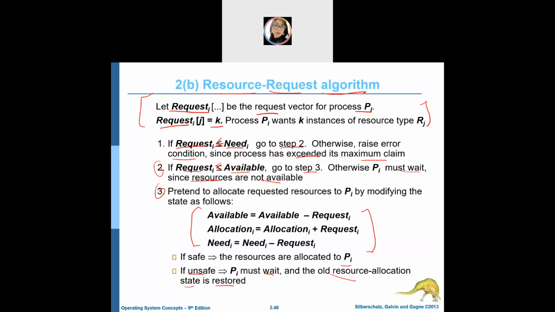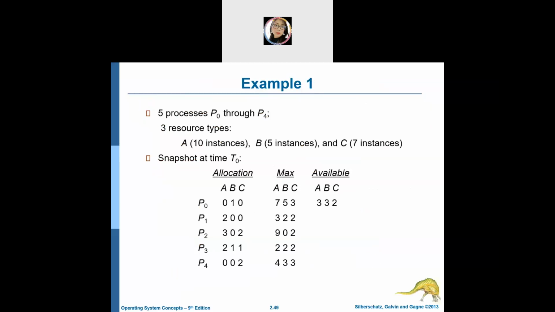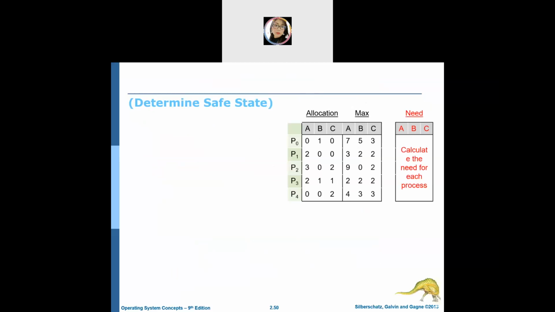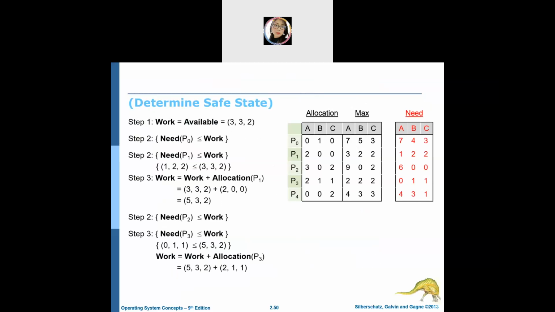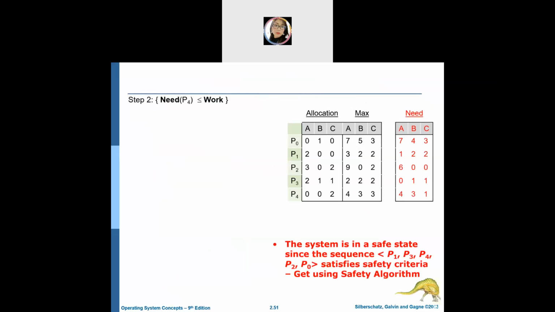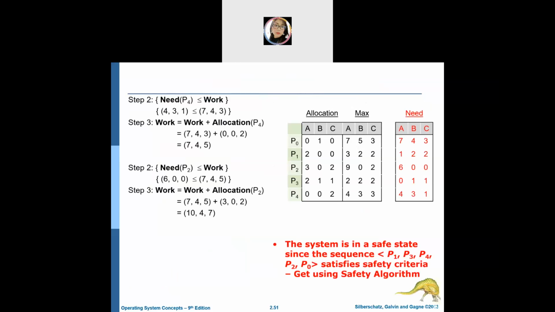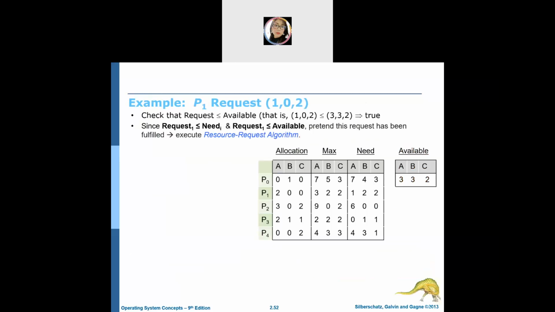You can try to understand it from the sentences, but I think using the example is much better. This is similar to just now, determining the safe state, which is basically what we did just now in the example. Okay, now let's take a look at the resource request algorithm.